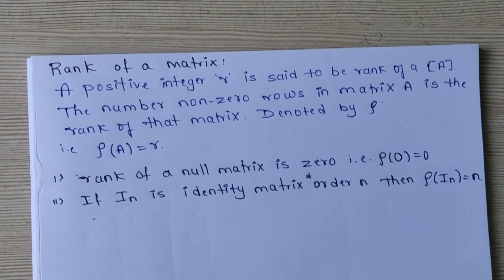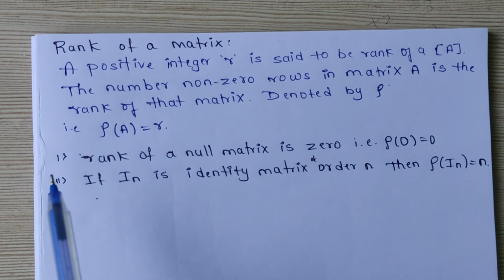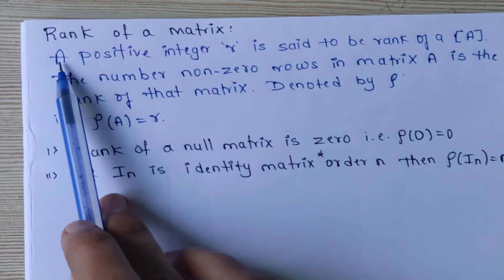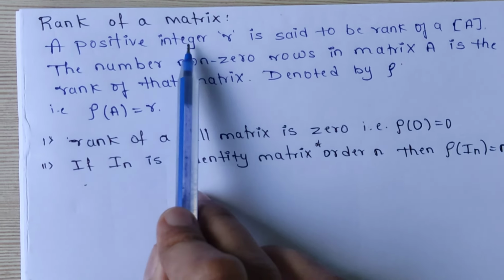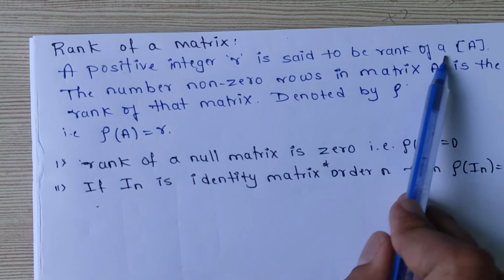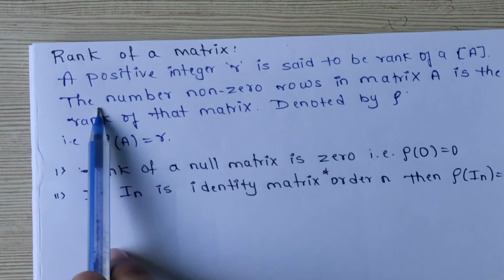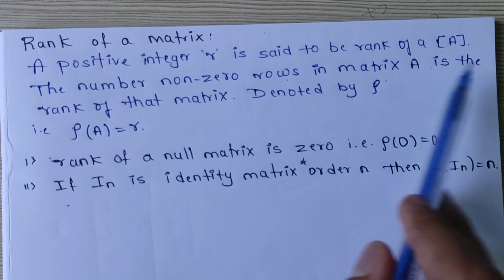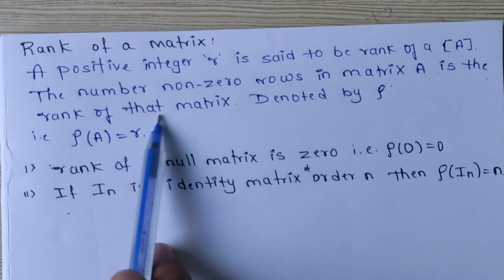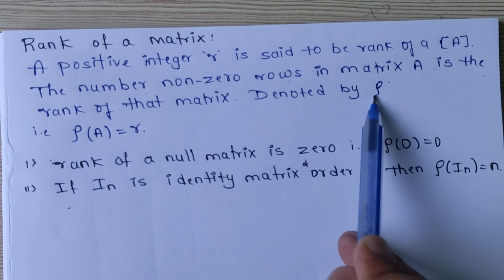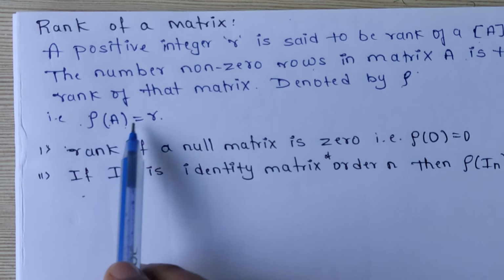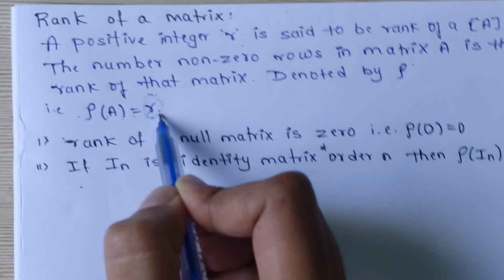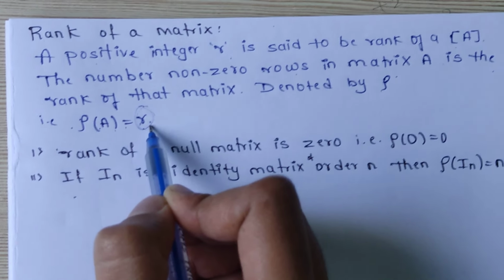So next is rank of a matrix. We are already familiar with this. A positive integer R is said to be rank of matrix A. The number of non-zero rows in matrix A is the rank of that matrix, denoted by row of A equals R, where R is the positive integer, the number of non-zero rows in the particular matrix.